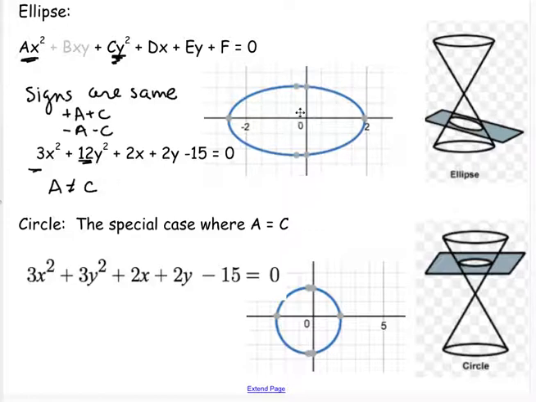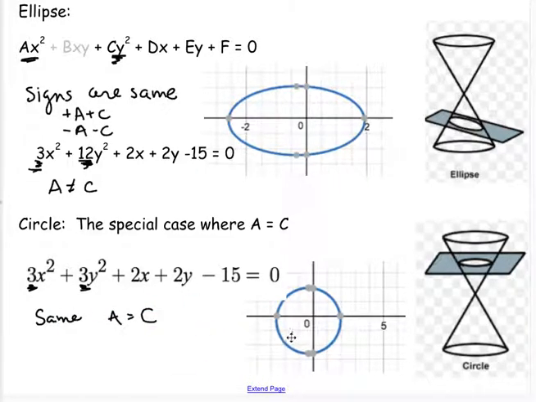Here we're stretched in different degrees in different directions, so we've got different coefficients for x and y. In a circle, though, we're not stretched any differently vertically than horizontally, so the coefficients for the ax squared and cy squared terms are going to be the same. So the circle has the same a and c terms.